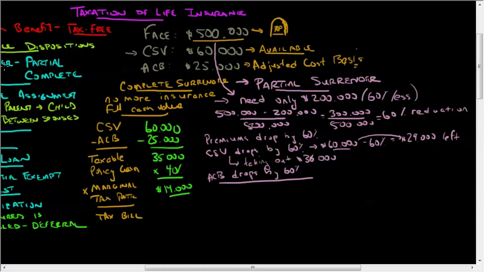Now, the next step is not too difficult. Once you accept that everything is dropping by 60%, we can do the math, and this is exactly what you'll do. You'll do the math for the complete surrender. So you would just do exactly that same math, no change.